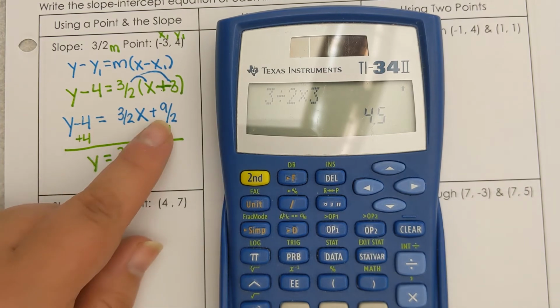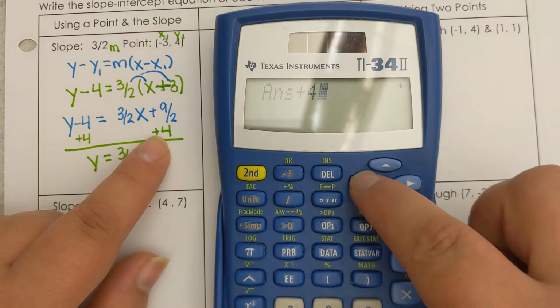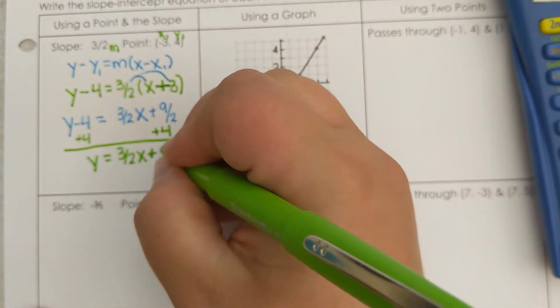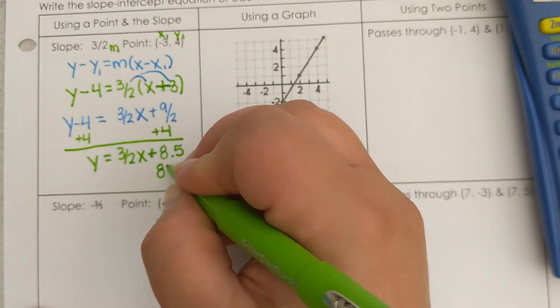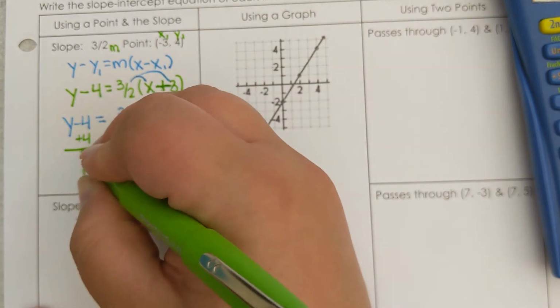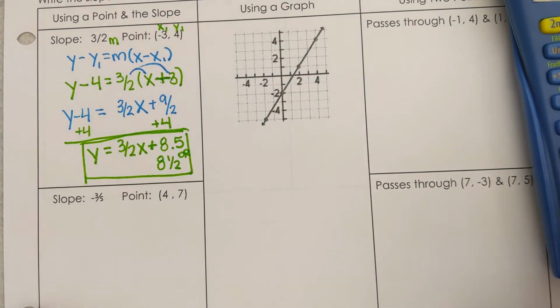So if you wanted to write 4.5 here, you could. And then 4.5 plus 4 is 8.5. And I don't care if you guys write it like that or as 8.5. Either one of those is fine with me. I'll put an or here so you know it's not both.